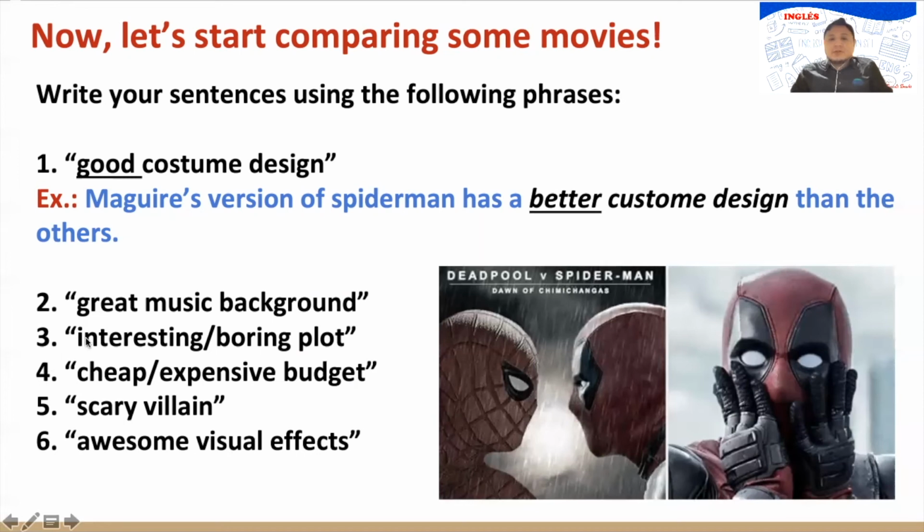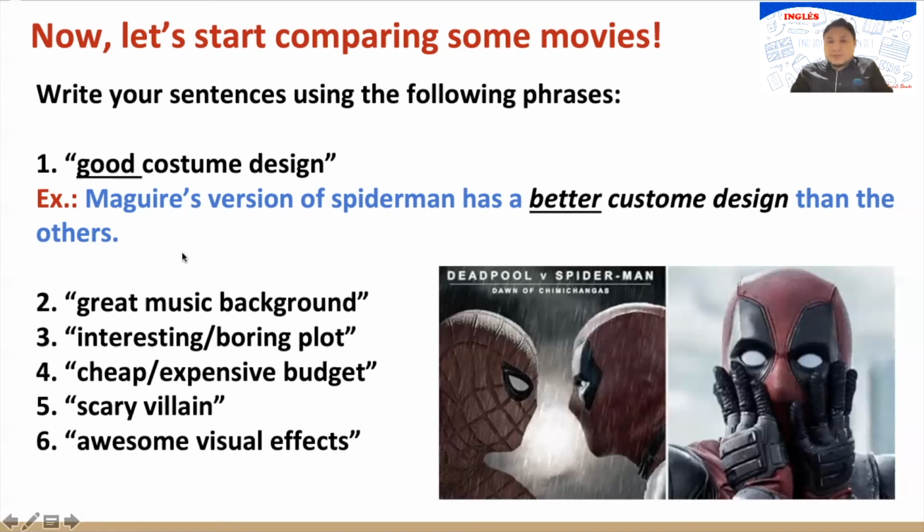For example, you can use this phrase, great music background, the music background from the movie, who has it better. Number 3, for example, we have interesting or boring plot, or you can create a sentence comparing the budget of the movies. It could be a cheap or an expensive budget, or you could compare the scary villains they have. And at the end, we have another phrase that could be useful for you to create your own sentence. And here we have awesome visual effects.